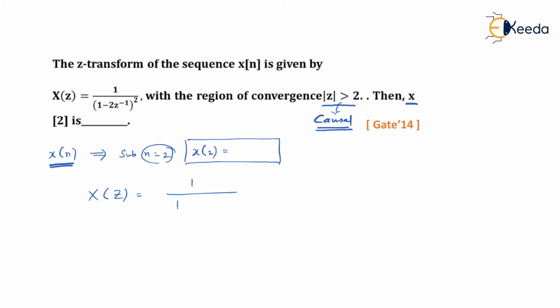which is 1 upon 1 minus 2z inverse the whole square. If you have watched all the videos, then you should understand that it is somehow equivalent to a standard term as az upon z minus a square. So this is quite analogous to a term called as z upon z minus a square.